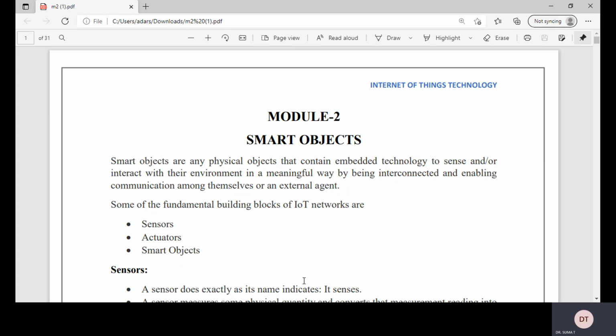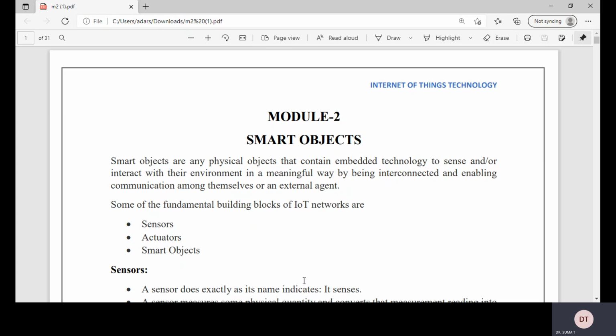In fact, they are the foundation elements found in smart objects. We can call them the things in the Internet of Things, right? And smart objects are any physical objects that contain embedded technology to sense and/or interact with their environment in a meaningful way by being interconnected and enabling communication among themselves or an external agent.